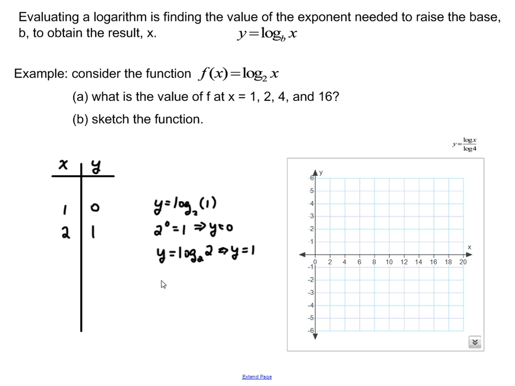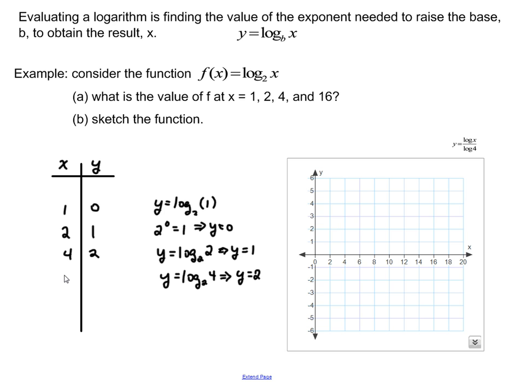Now, some of these other ones are actually kind of interesting. We might say y is equal to the logarithm base 2 of x, with x equals 4. What happens at x equals 4? Well, if we were to say, to what exponent must I raise the base 2 in order to get 4, the result is that our graph must pass through the point where y equals 2.